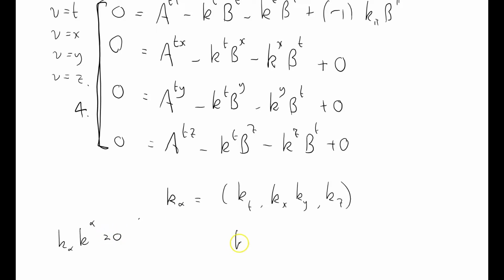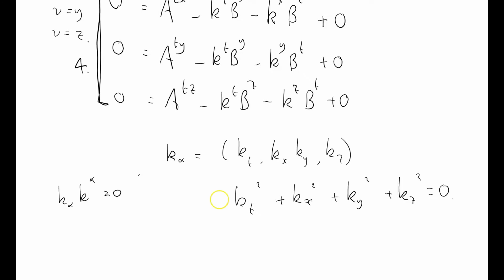So that tells me that KT squared plus KX squared plus KY squared plus KZ squared equals 0. Oh, sorry, that's a minus, isn't it? Because the flat space metric we're using is minus 1, 0, 0, 0, 0, 1, 0, 0, 0, 0, 1, 0, 0, 0, 0, 1. And I'm effectively looking at K alpha, K beta, eta alpha beta, summed over alpha and beta, of course.